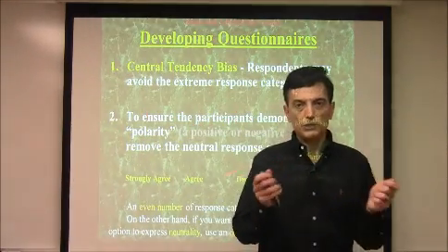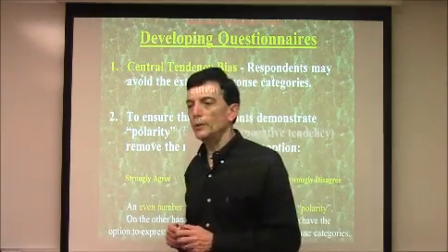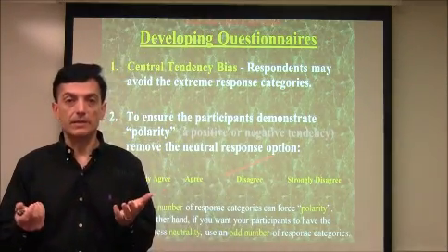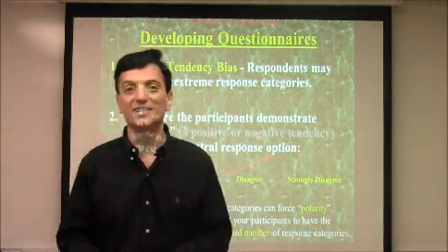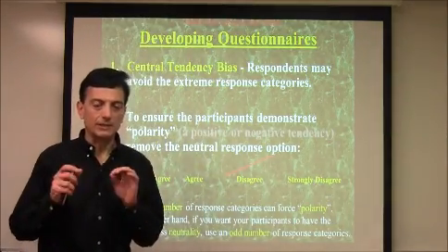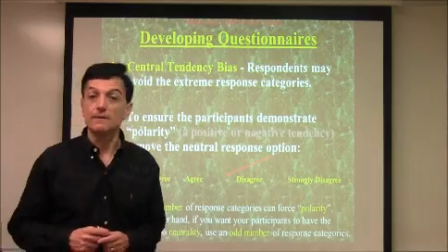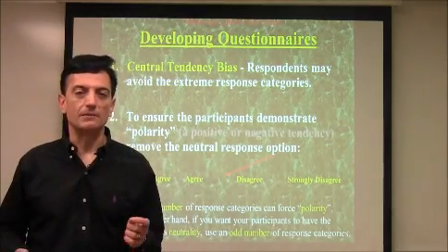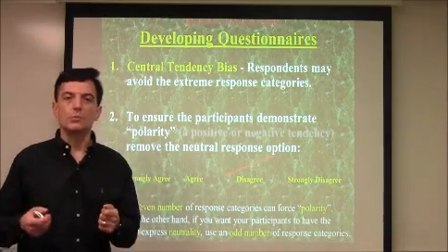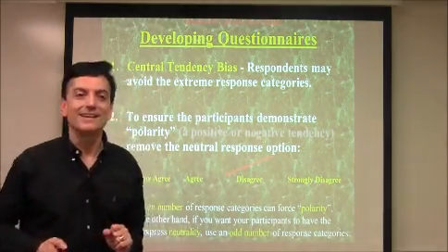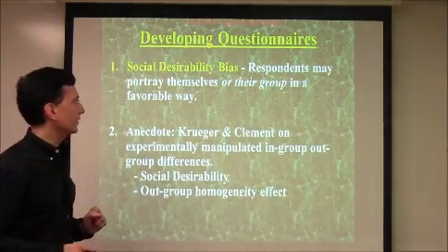Do you really want to push the respondent toward showing at least some kind of inclination, positively or negatively, or do you really want to give them the option of expressing neutrality? There isn't a correct or incorrect answer to that choice, but you as an informed developer of questionnaires should think that through and make a decision about whether you want to force them one way or the next, or whether you want to give them a possibility for neutrality.